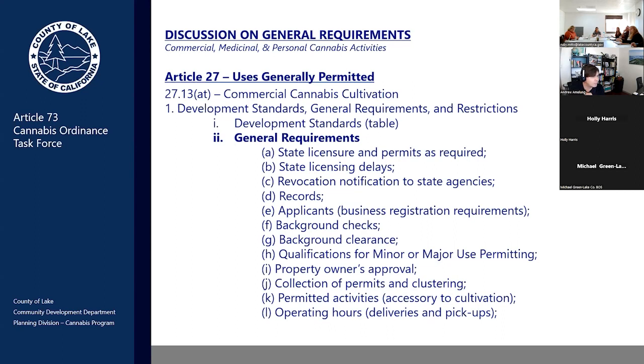Then record requirements, applicants, especially their business registration requirements, background checks, background clearances, the qualifications for a minor and major use permit, property owner's approval, collection permits and clustering, permitted activities, and operating hours, which I should say are really only specified for deliveries and pickups, not actual operations.